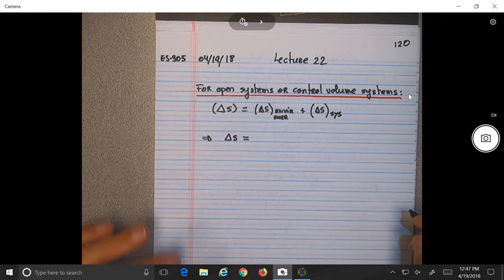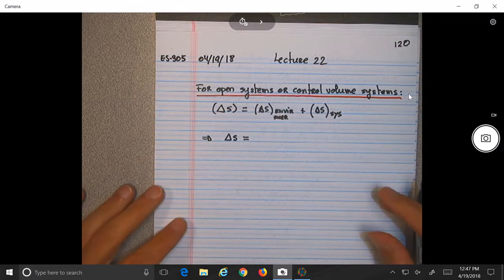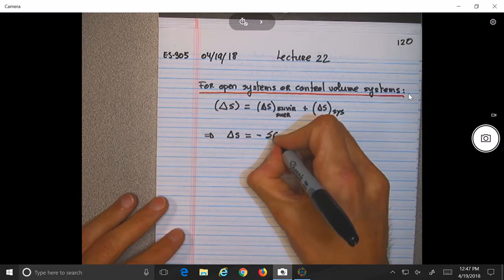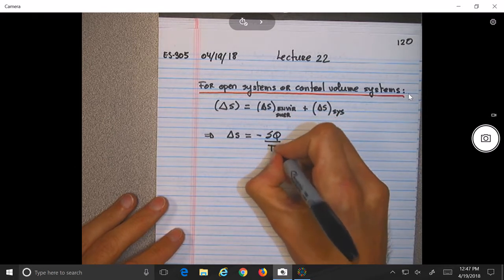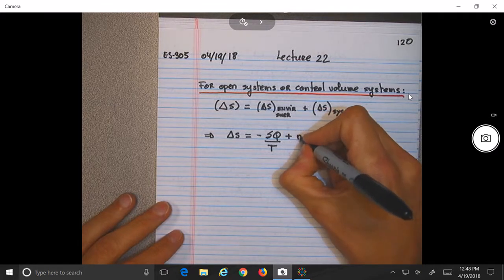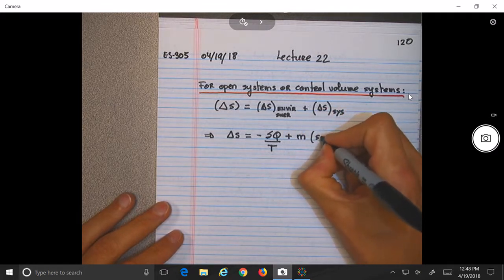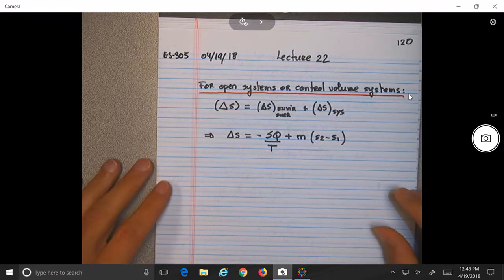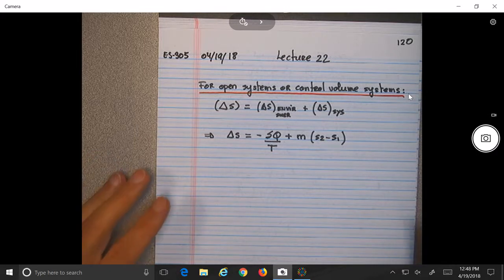Something specific about the change of entropy of the surrounding is that it was equal to minus delta Q over T, plus m (s2 minus s1). So that was for a closed system.